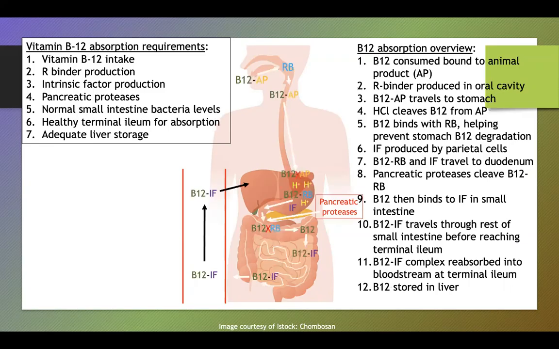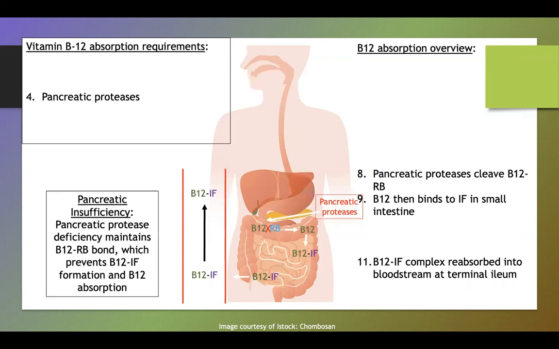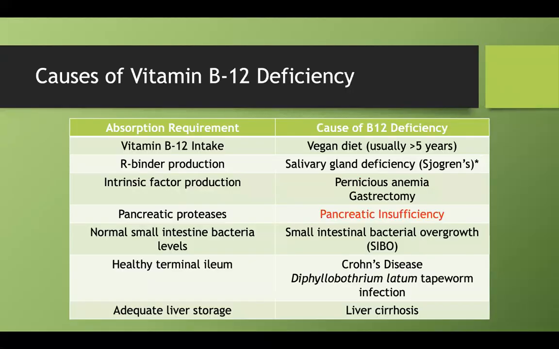Pancreatic insufficiency can cause B12 deficiency because the proteases are required to cleave that B12 from the R binder. And if you don't have proteases, then you'll have B12 stuck to R binder. And again, that won't be able to be reabsorbed.